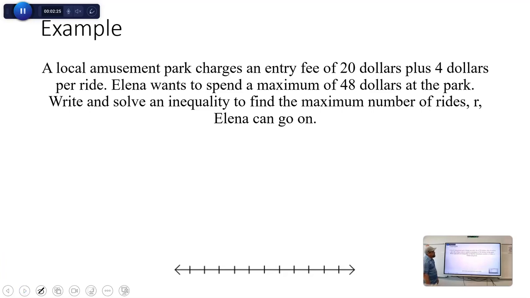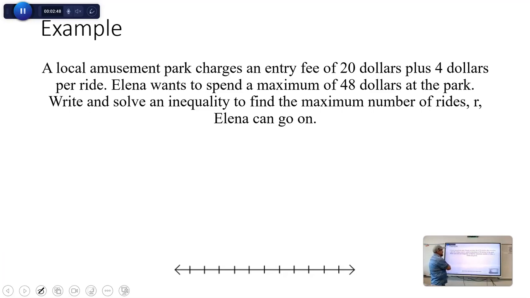A local amusement park charges an entry fee of $20 plus $4 per ride. Elena wants to spend a maximum of $48 at the park. Write and solve an inequality to find the maximum number of rides Elena can go on.